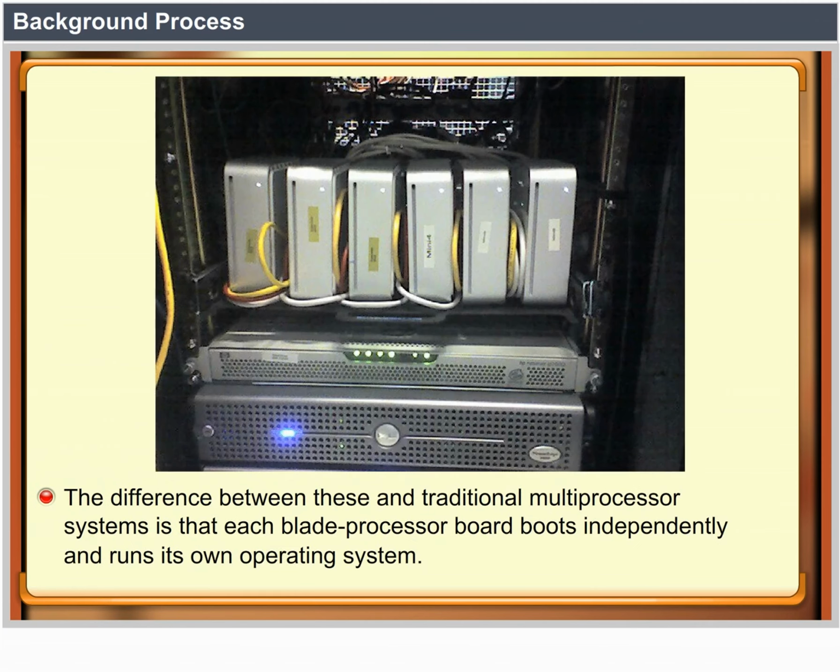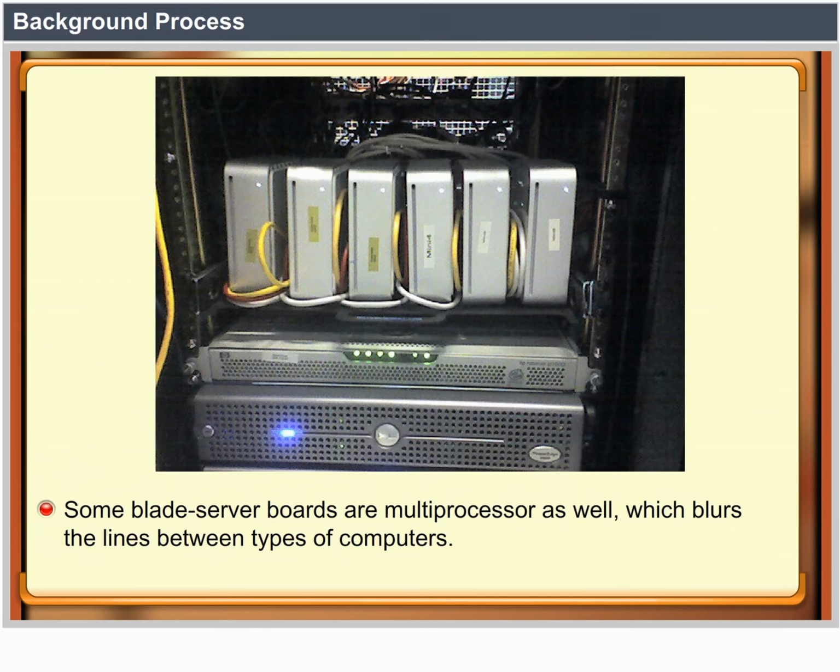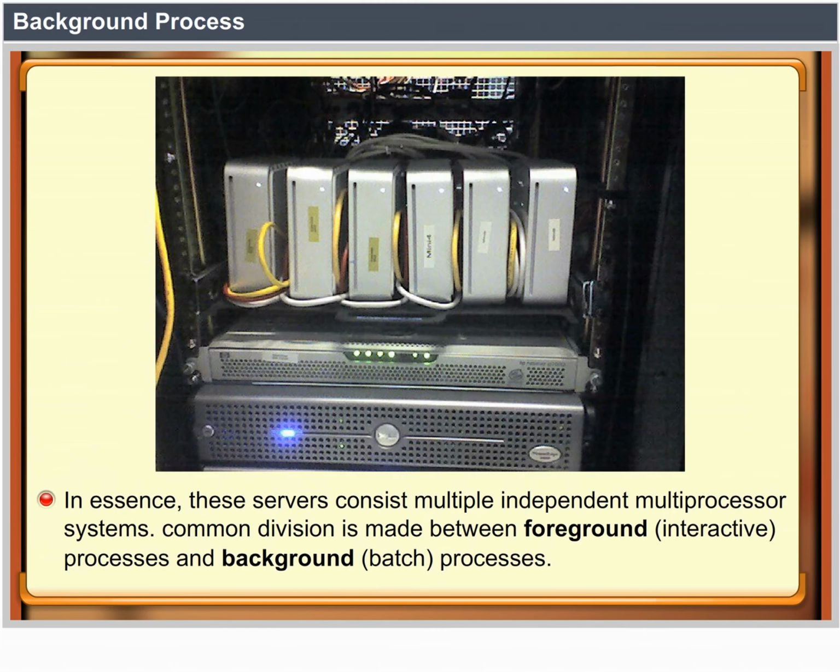The difference between these and traditional multiprocessor systems is that each blade processor board boots independently and runs its own operating system. Some blade server boards are multiprocessor as well, which blurs the lines between types of computers. In essence, these servers consist of multiple independent multiprocessor systems.